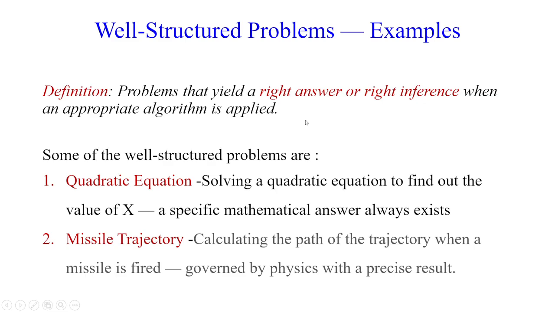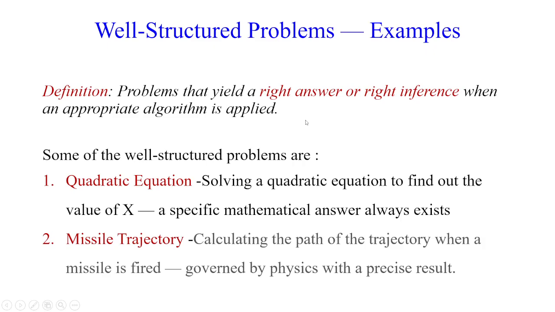Every method will give you the same result. So this is perfectly a well-structured problem. When you apply an appropriate algorithm, it is going to yield the right answer. For a quadratic equation, there is always a specific mathematical answer.